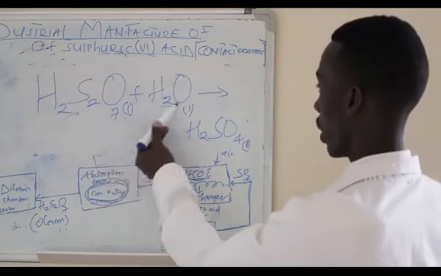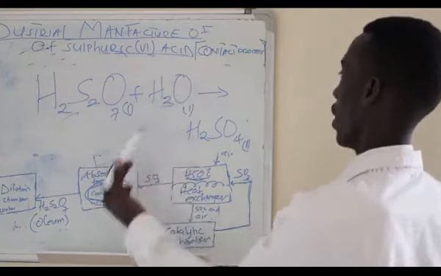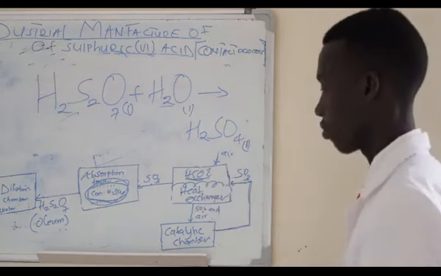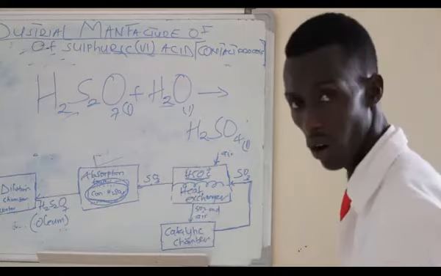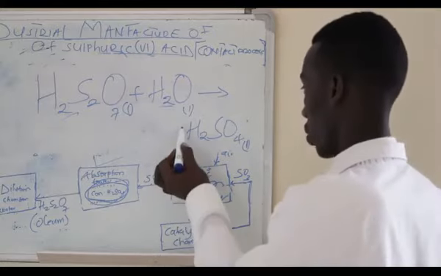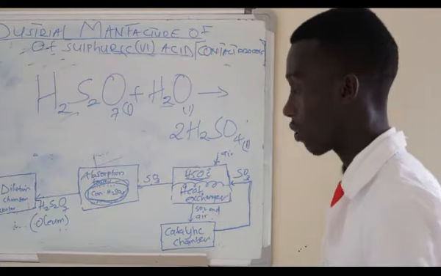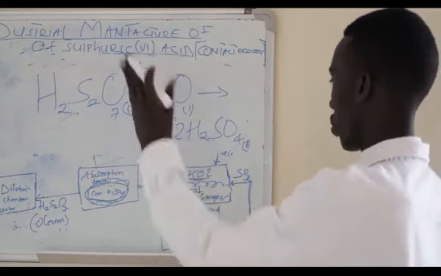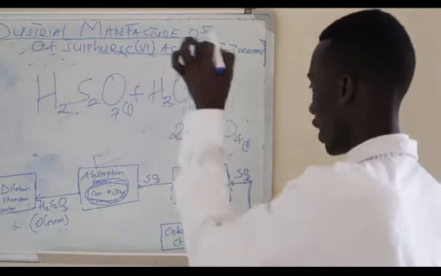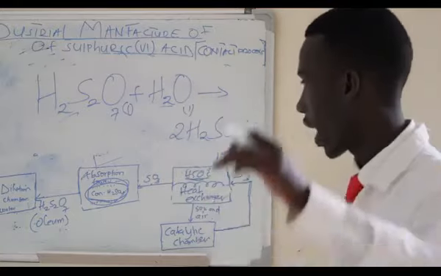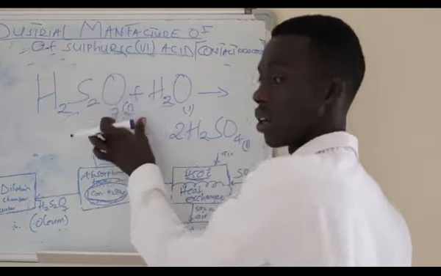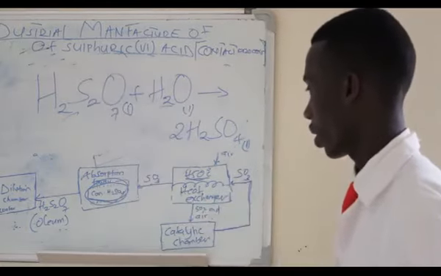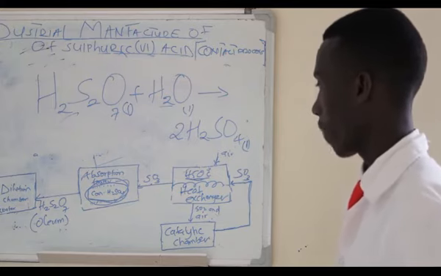Oxygen: we have 8 oxygen atoms, but on this side we have 4. So a 2 is supposed to be here so that we can balance our equation. Hydrogens are 4 now, sulfur 2 on that side, oxygen atoms are 8 on this side, and on the other side oxygen atoms are also 8. So this is the end of our process.